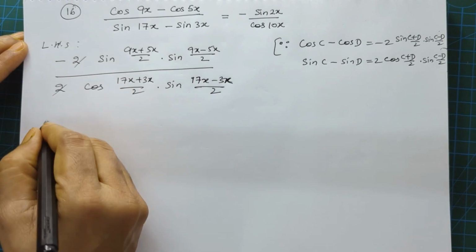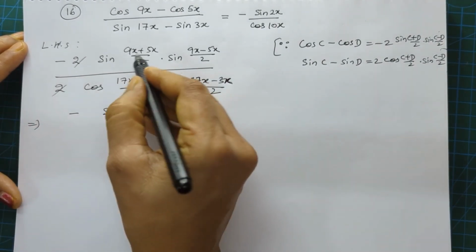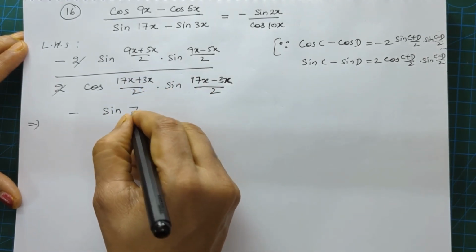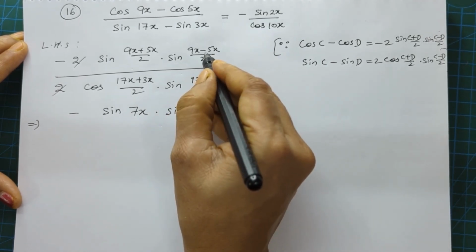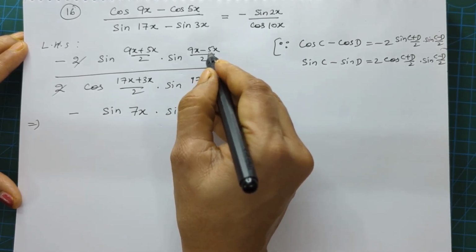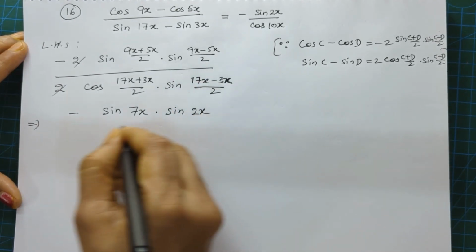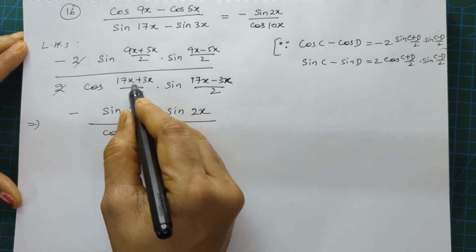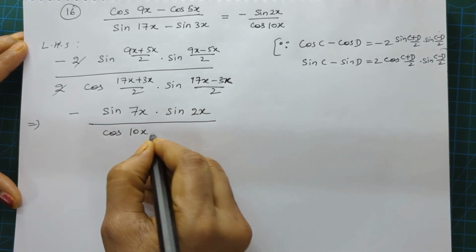The 2's cancel, but the negative sign is still there. Negative of sin 9 plus 5 is 14, 14x by 2 is 7x. Sin 9x minus 5x is 4x, 4x by 2 is 2x. Cos 17x plus 3x is 20x, 20x by 2 is 10x.